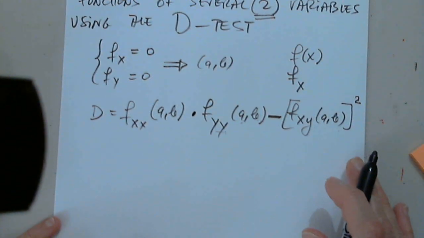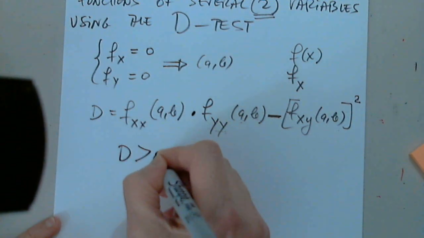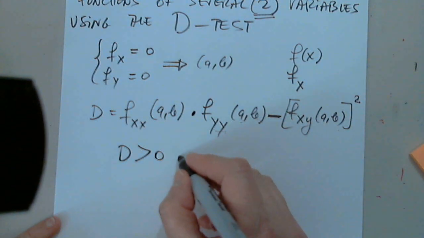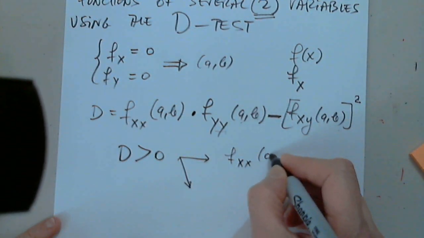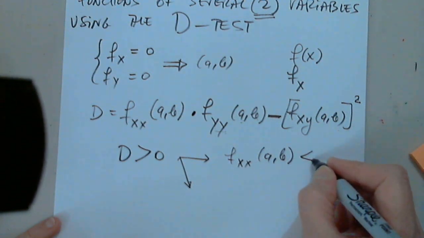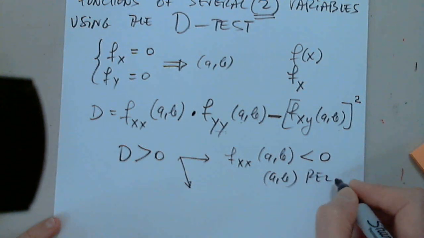And now there are three options here, basically. If D is greater than 0 and f_xx at (a, b) is less than 0, then (a, b) is a relative max.